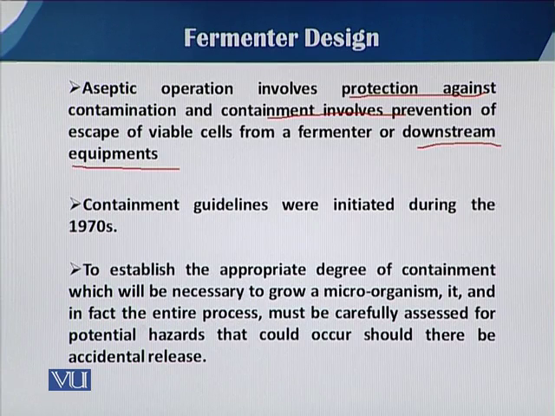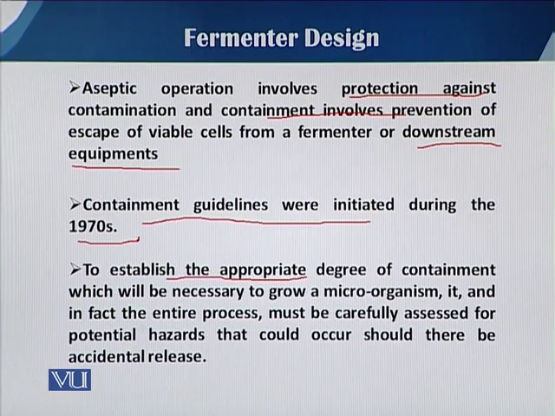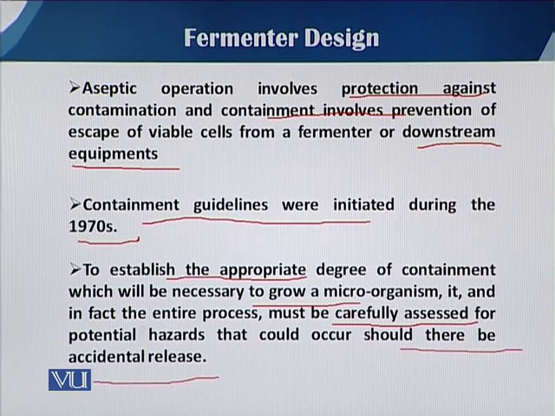First of all, the containment guidelines were initiated during the 1970s. In order to establish the appropriate degree of containment necessary to grow a microorganism, the entire process must be carefully assessed for potential hazards that could occur should there be accidental release.